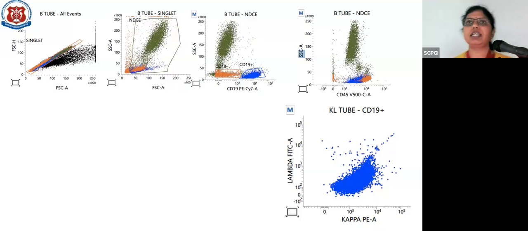The next step in any CLPD is to document that the proliferation is clonal. Here in this plot, you can see we have some normal lambda positive cells, maybe residual B lymphoid cells, and very few dots in the kappa region, but the majority of the population is showing moderate expression of kappa. So again, favoring a lymphoproliferative disorder.